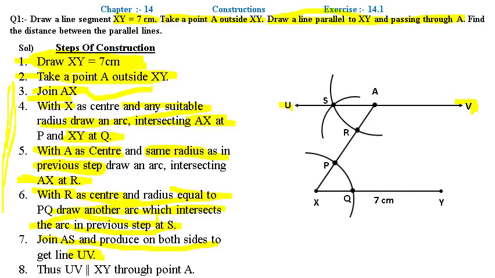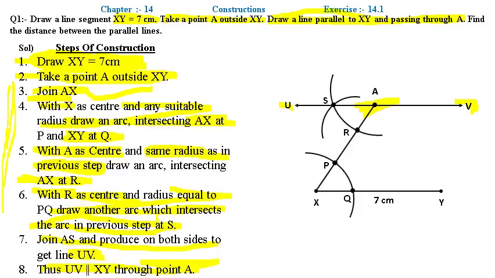Out of infinitely many lines that are parallel to XY, this is one such line. And what is special about it? The special thing about it is that it passes through point A as was required by the question. Thus, UV is parallel to XY and it passes through point A. This is what we had to construct.